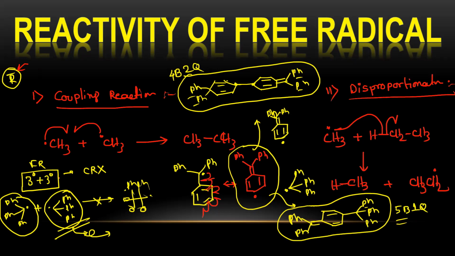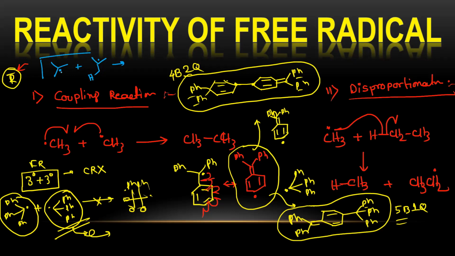Now, if I take another 3 degree plus 3 degree, to clarify this concept more easily, the example I would like to take is tert-butyl, this one, plus this one, which is also tert-butyl. I am just writing in an open fashion. So what will happen here?